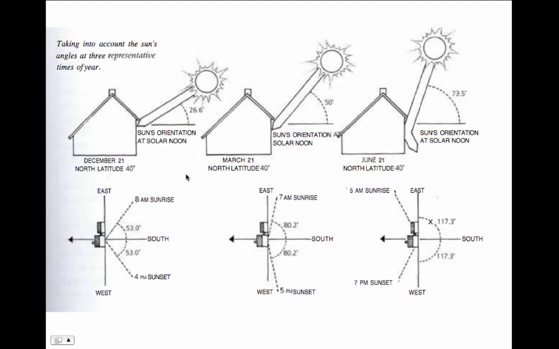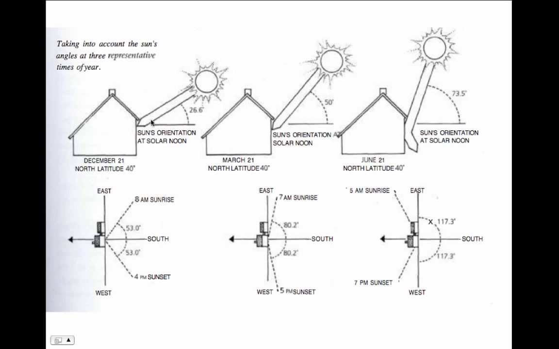So here's an example of how you might think about how the sun would hit a building at different times of the year. This would be in the wintertime where the sun's quite low, and this would be during the equinox on March 21st and September 21st, and then this would be the sun at its maximum angle.